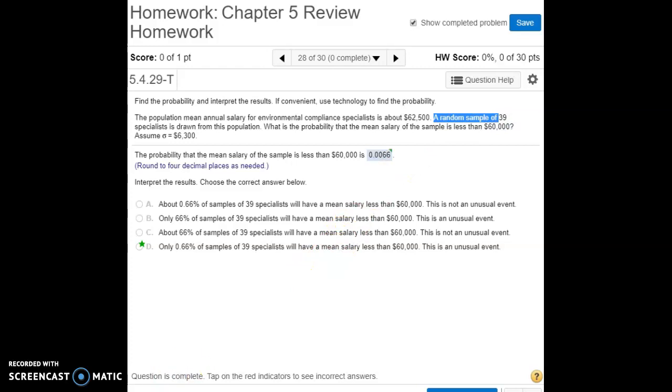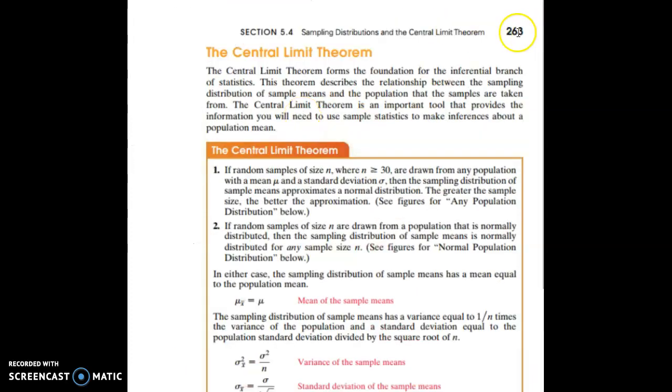Now, by the central limit theorem, since we're looking at samples of size 30 or greater, it doesn't matter about the distribution of our original population. It doesn't matter if it's normal or skewed or uniform. It doesn't matter how the population is distributed at all.